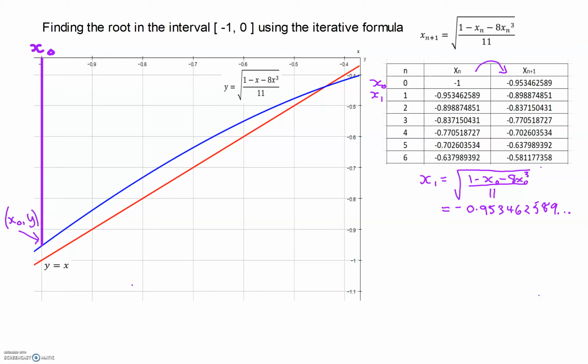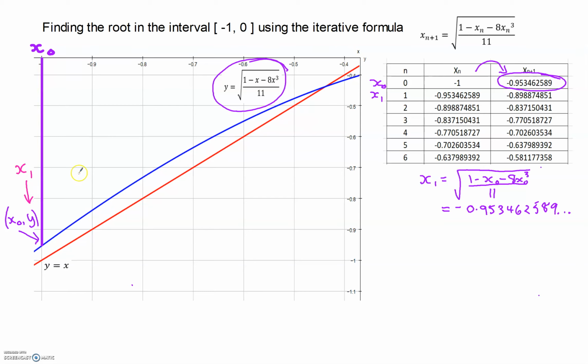Our y value is, we know, this value here that we've got in our table, because that's the value that was generated by putting x0, a value of -1, into the 1 minus x minus 8x cubed all over 11 square rooted, because that's the equation of the blue curve. We want this y value to become our new x value. So this y value here is going to be x1.